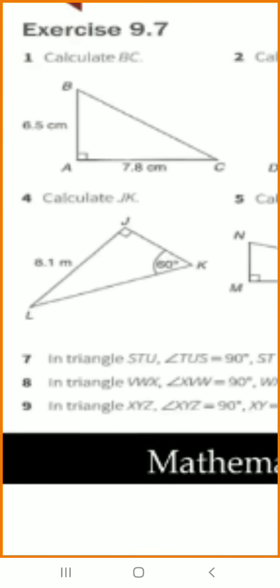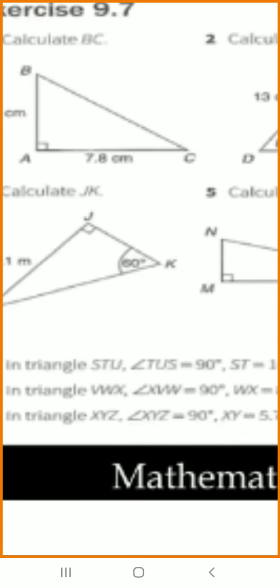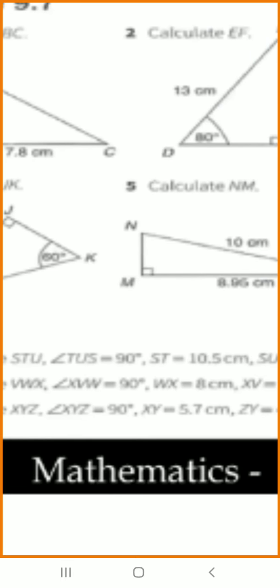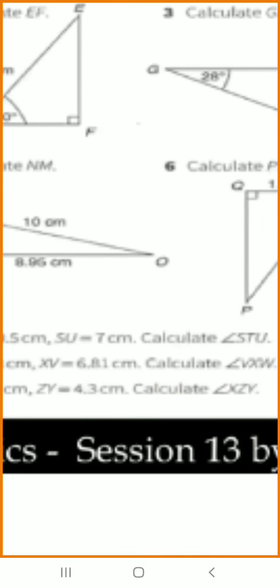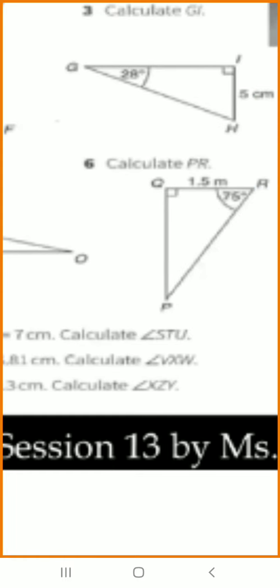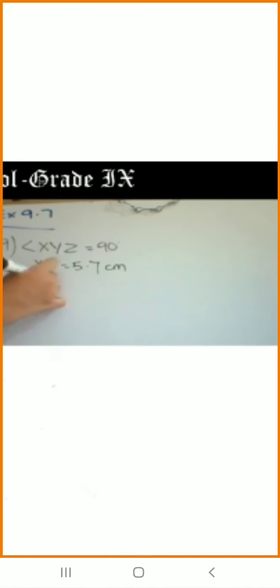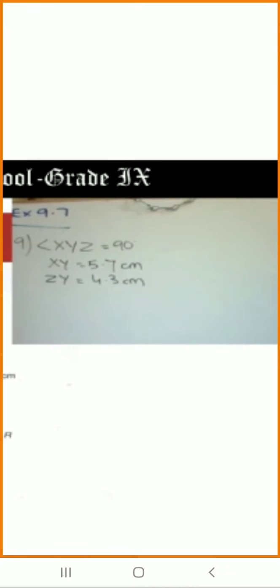Now in question 9, it is in triangle XYZ, angle XYZ is 90 degrees, XY is 5.7 centimeters, ZY is equal to 4.3 centimeters. Calculate XZY.